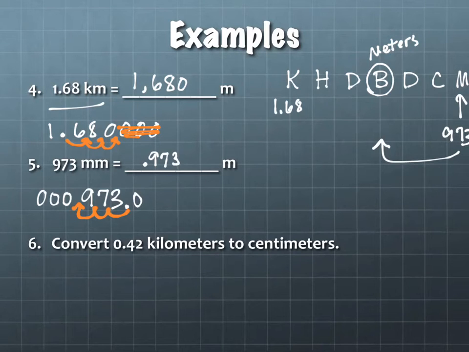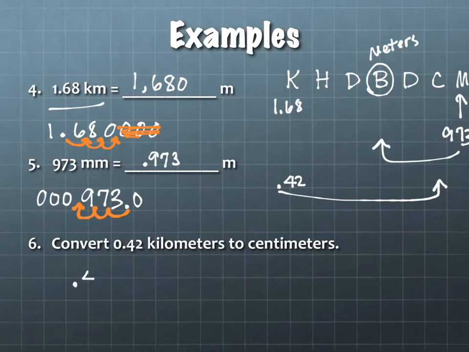And then this is written slightly differently, but we're doing the same thing on part number 6. We're going from the decimal 0.42 kilometers to centimeters. Kilometers is over here again, 0.42, but now I want to go all the way back to centimeters, way over here. How many columns to the right is that? 5. So I move my decimal point 5 times, to the right, because centimeters is to the right of kilometers.